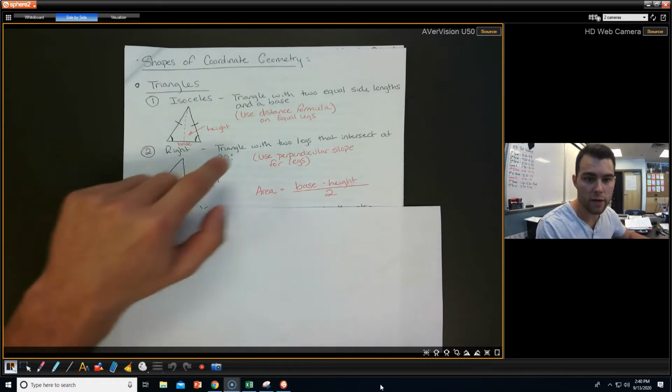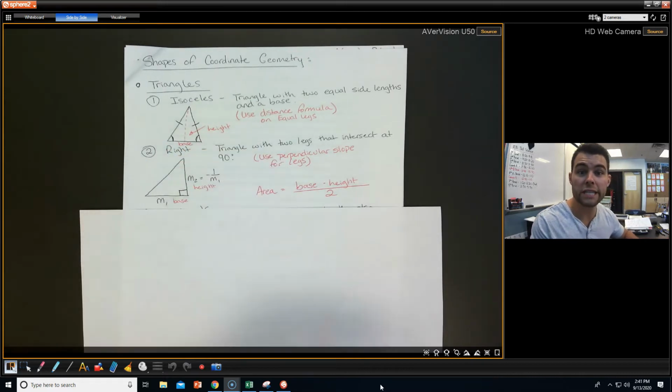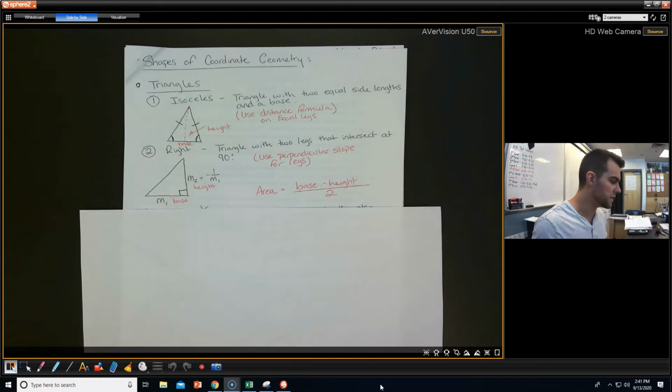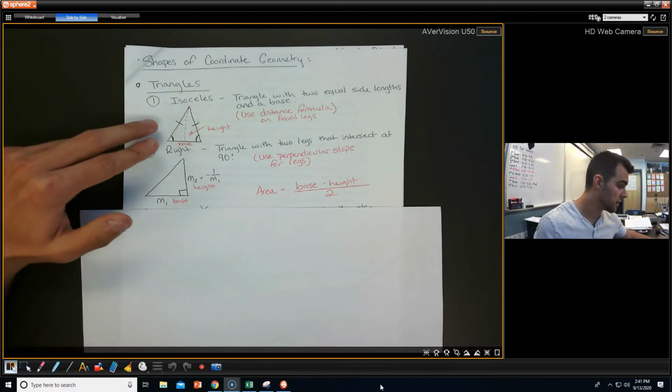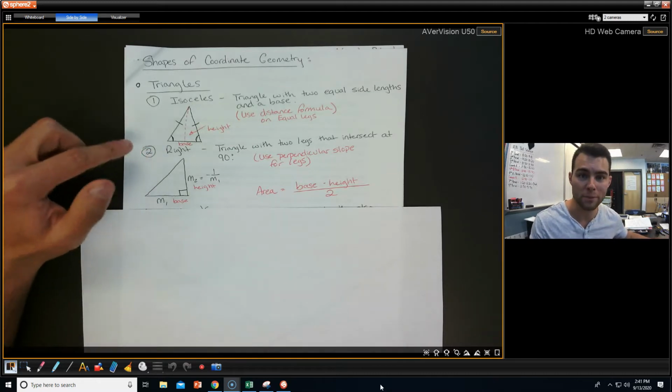And then below that in red, I would say use distance formula on the equal legs, because that red part is really just to let you know what concept you can use to justify or figure out whether or not coordinates on a plane represent these shapes.